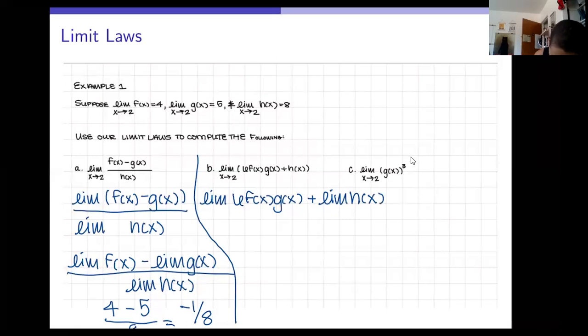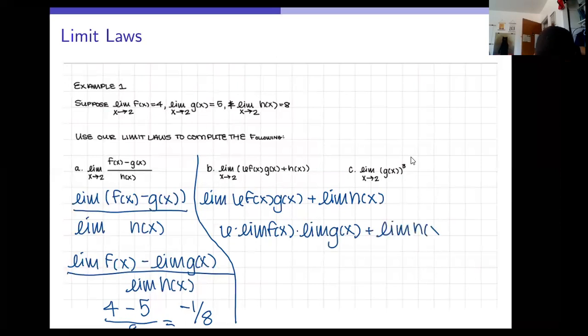And here we can separate and pull out that 6. So we get 6 times the limit of f of x times the limit of g of x plus the limit of h of x.